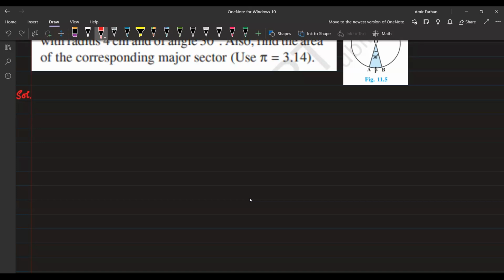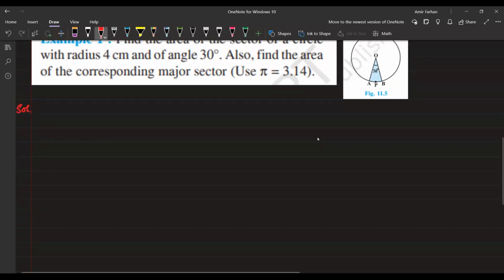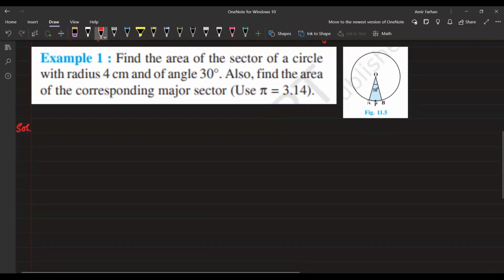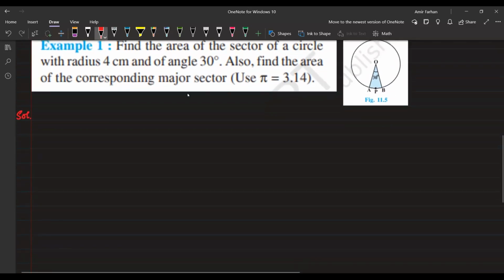In this, as you can see, Gianna, they find the area of the minor sector, and we need to also find the area of the corresponding major sector. Now let's solve it. Theta given is 30 degrees, yes or no? The radius is given to you as 4 centimeters, and pi is given as 3.14.